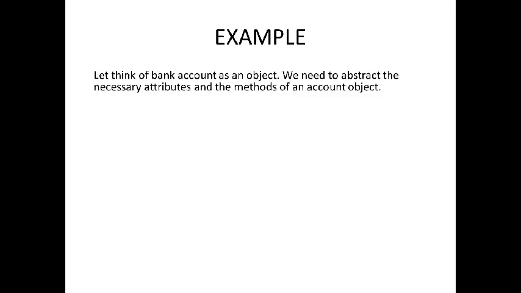Some objects are tangible, while others are abstract. Of course, when you do English language, you know what we call abstract nouns. They are nouns that you cannot see, but yet they represent ideas.